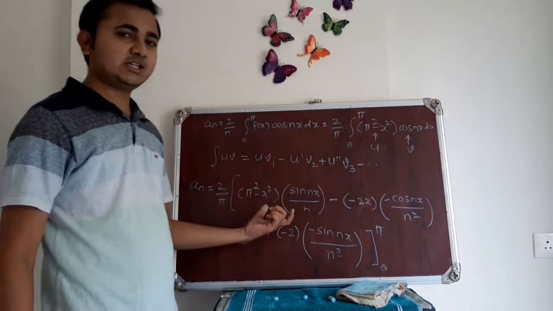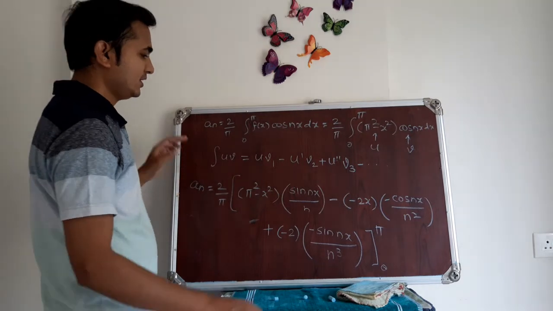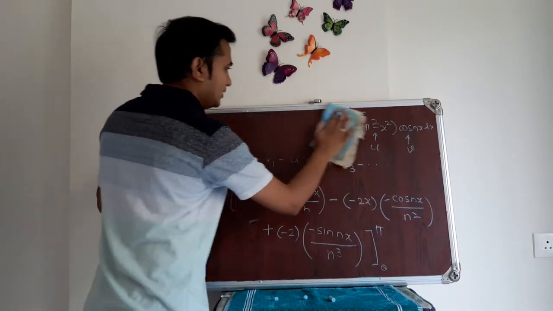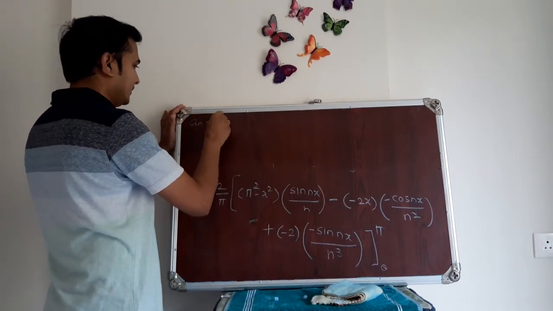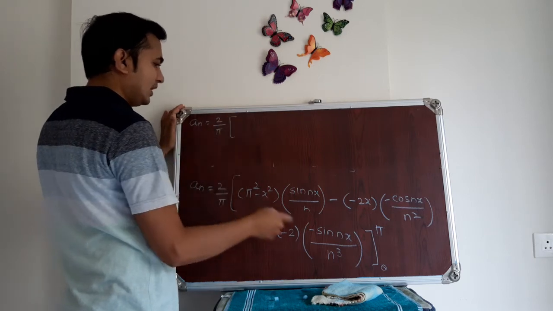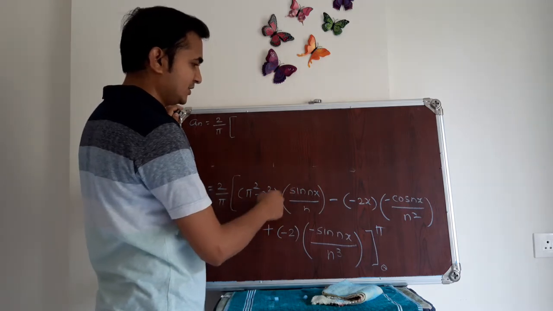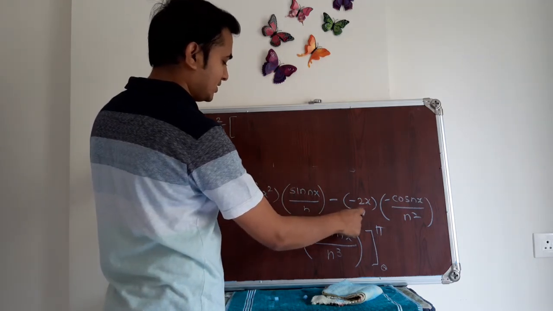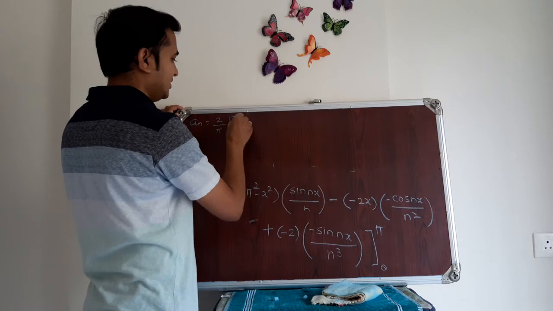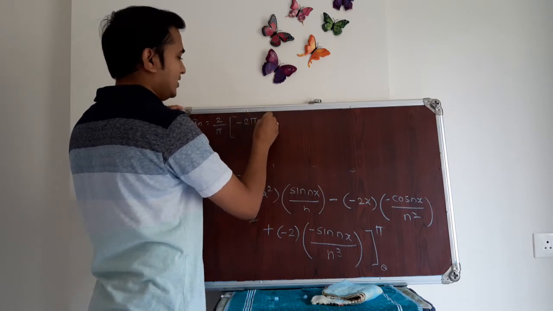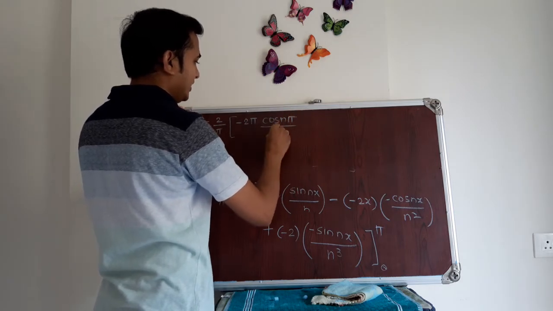Okay, now in this case you have to be careful while substituting limits. So let us do it. So an is equal to 2 by pi, upper limit, x replaced by pi, so this pi square minus pi square, so this first term is 0, this term, alright, so this minus minus become plus and this minus, so that is minus 2 pi cos of n pi upon n square.